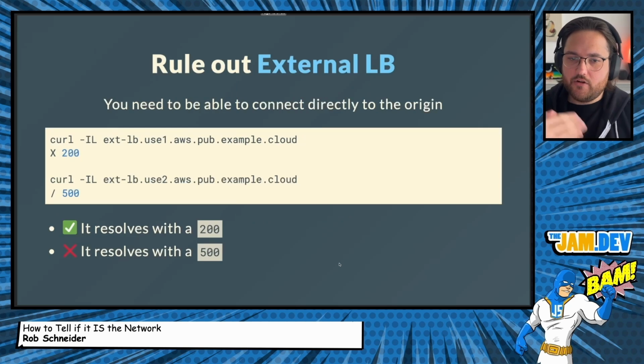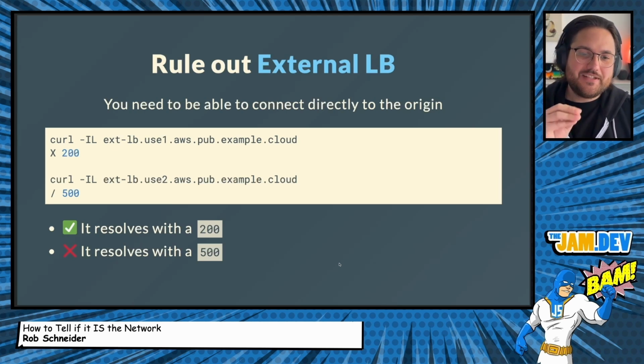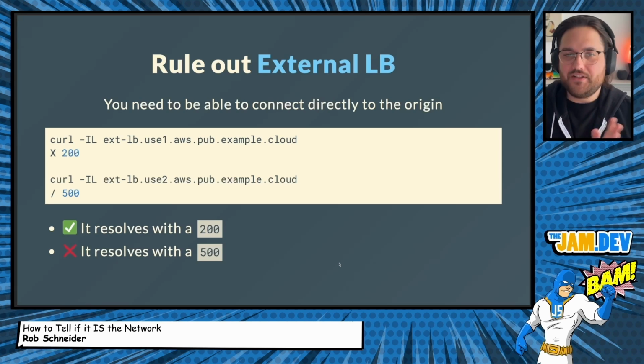You just want to hit your application using the origin host name. So in this example, I have the US East 1 external load balancer and US East 2. The US East 1 is passing just fine. The US East 2 is failing. This is actually probably the best scenario you can find because you can set your CDN to only route traffic to US East 1 as you're trying to fix US East 2.